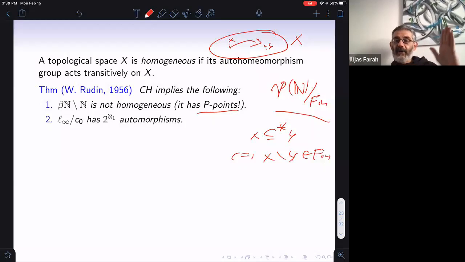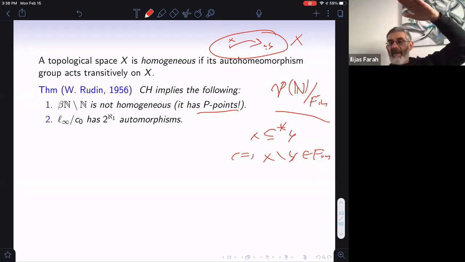And therefore, by diagonalization, you can construct an ultrafilter which is generated by a decreasing aleph 1 chain of subsets of natural numbers. That ultrafilter has the property that if you take any countable family of its open neighborhoods, its intersection again contains an open neighborhood.